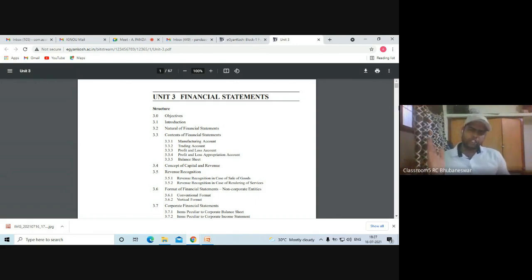It is not now in existence. We are not applying that format for preparation of these financial statements. So now what are we using? Now we are using a revised format.